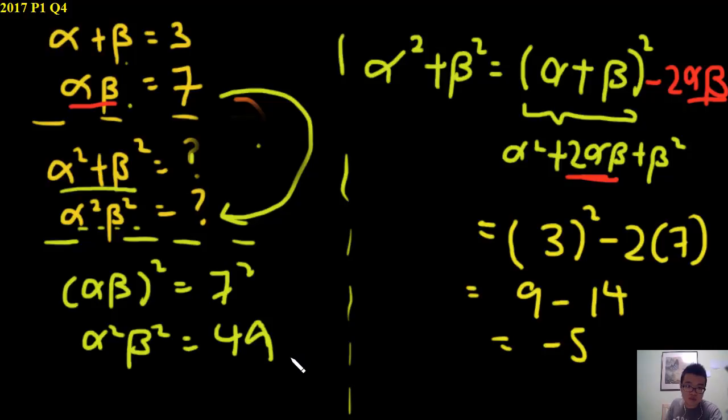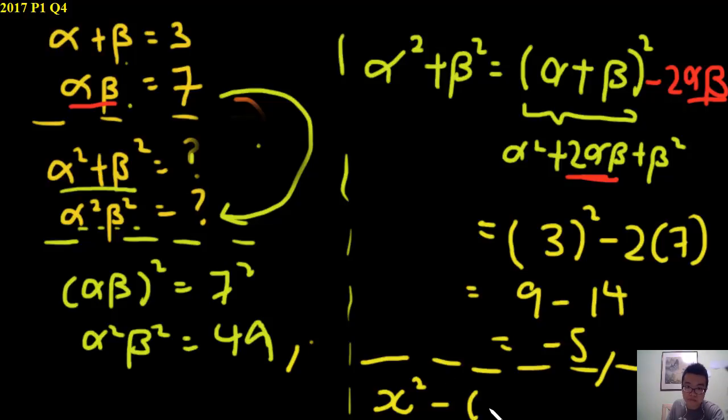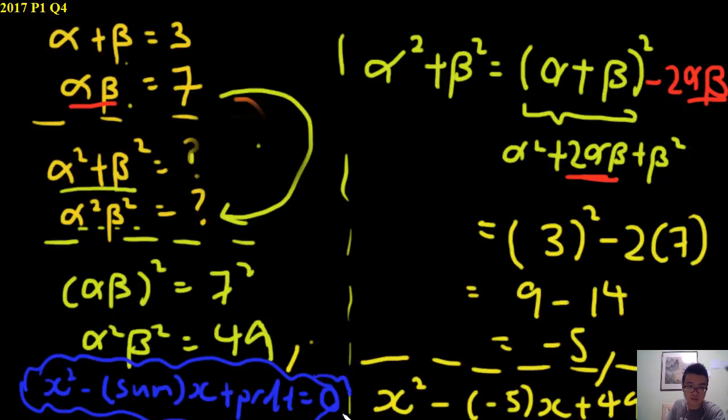Yeah, so your product of roots is this, sum of roots is this. All you need to do is put into the equation itself: x squared minus sum of roots x plus product of roots. So just a quick refresher, it's x squared minus sum of roots x plus product equals to 0.